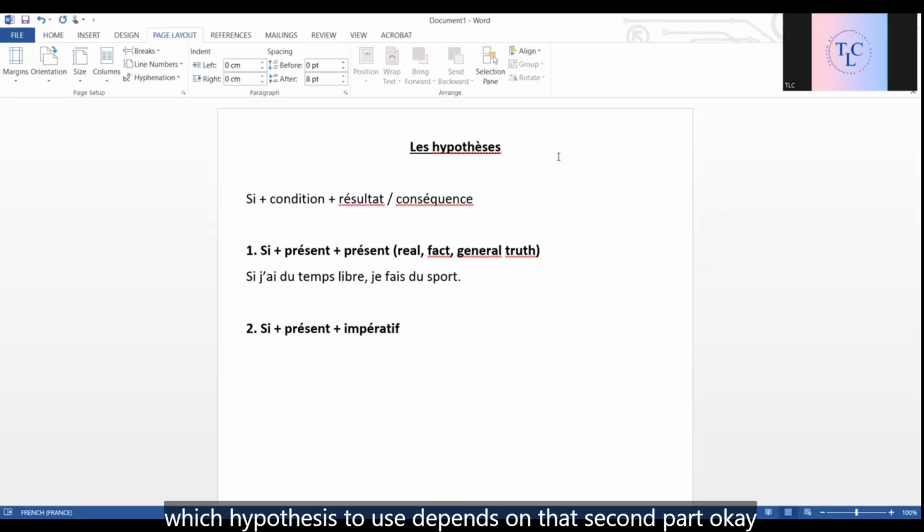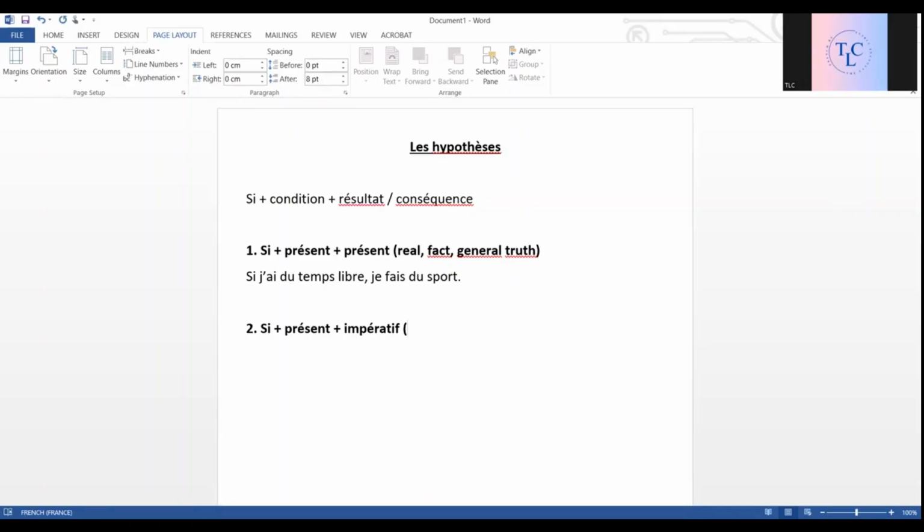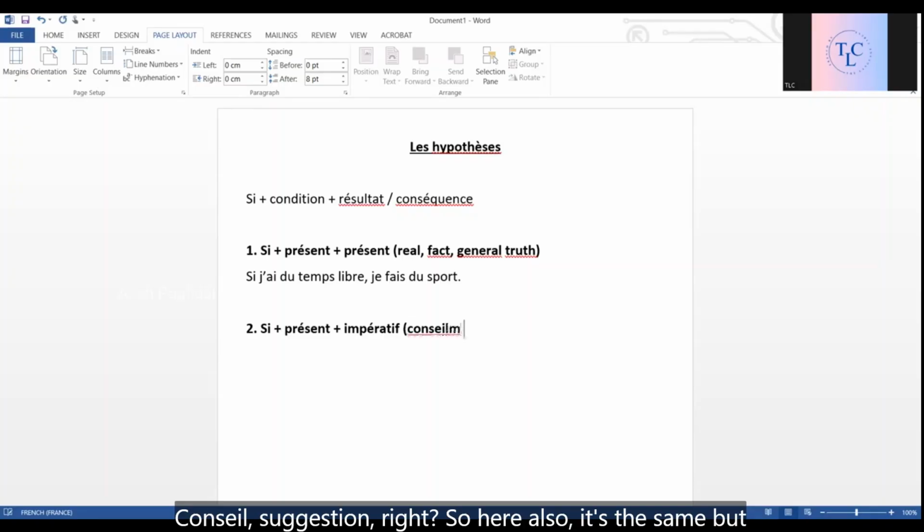Which hypothèse to use depends on that second part, the résultat, conséquence. Based on our requirement, we choose that hypothèse. So here it's impératif. Why do we use impératif? Remember? Conseil, suggestion. Here also it's the same but with a condition.